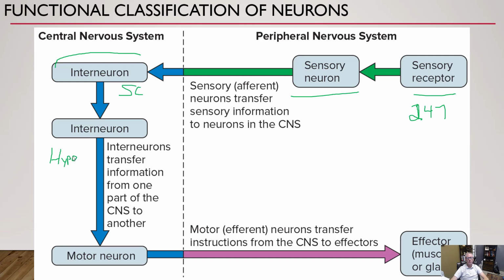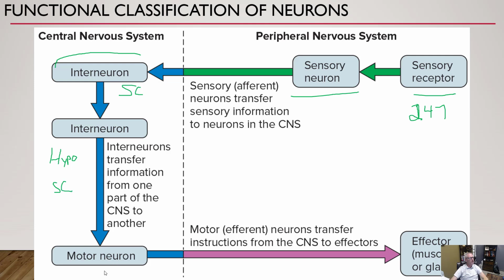Because remember, the hypothalamus does all of our negative feedback loops. And the hypothalamus would say, yep, our blood glucose level is way too high. We need to do something about it. So then we would have an interneuron that would relay that information back down from the hypothalamus to the spinal cord.